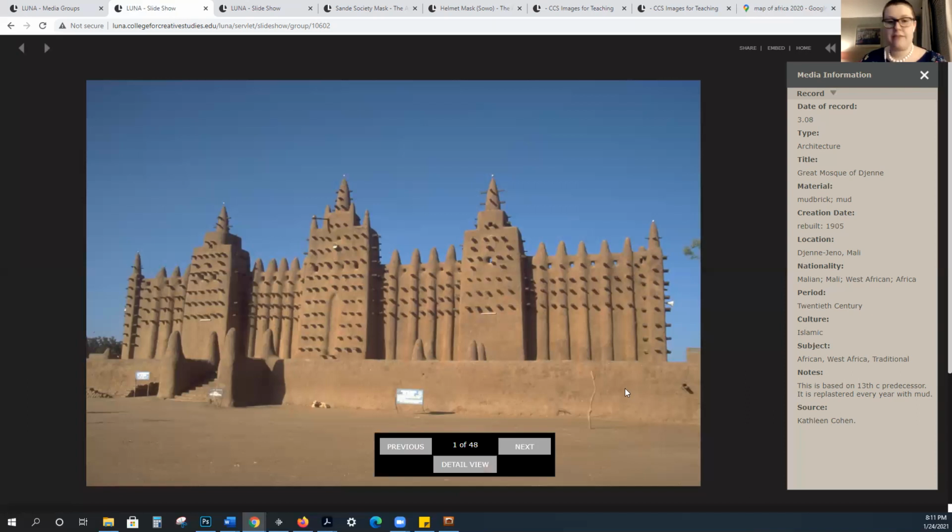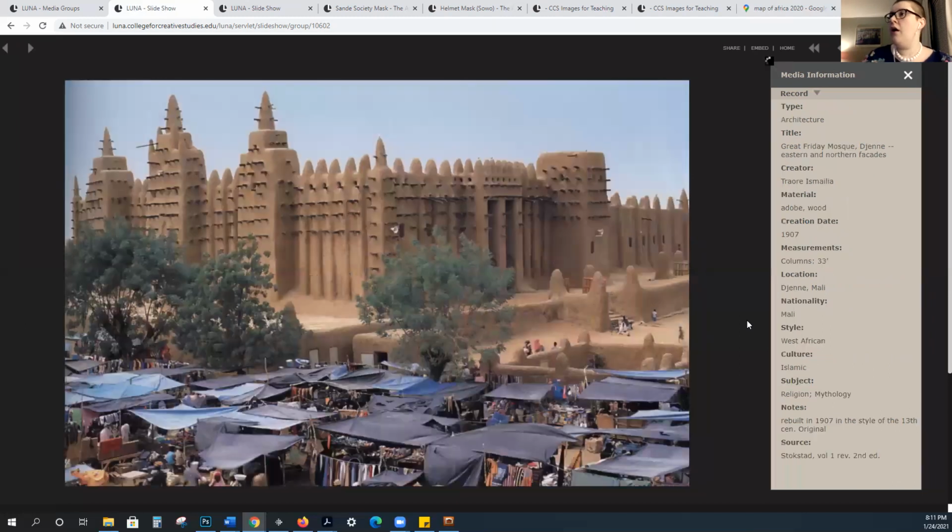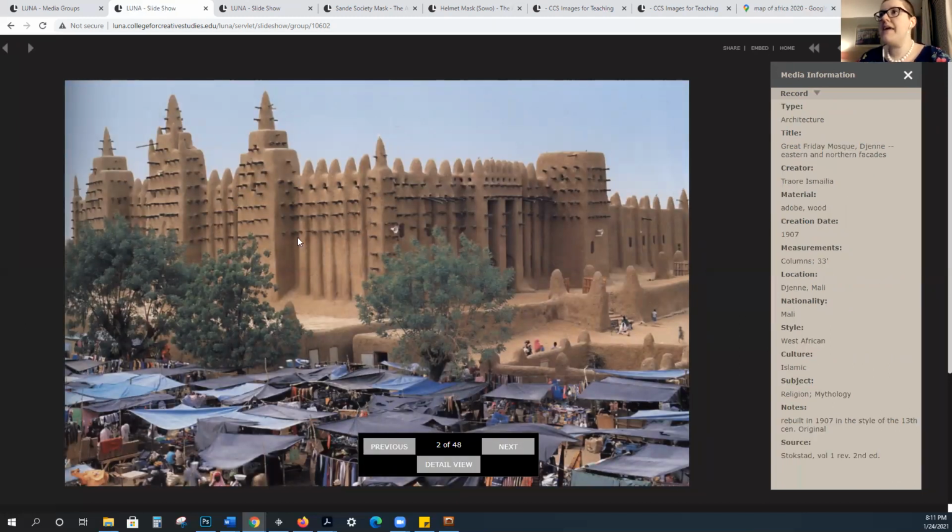So this is, as I said, built of mud bricks. And because it is made of mud, there is erosion every year. And so annually it is replastered before the rainy season. And so these bundles that you see here allow for making it a bit easier to kind of use the structures in place to apply more mud.